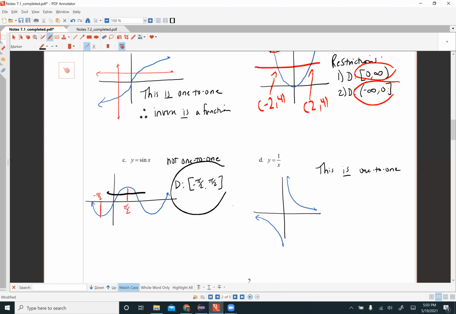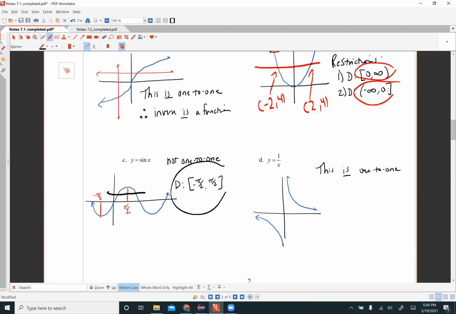For the arc sine and arc cosine, the domain of arc sine of x is the complete range of sine of x, -1 to 1, but the range of the arc sine would just be -π/2 to π/2, because the sine function is not 1-to-1. You have to restrict the domain.